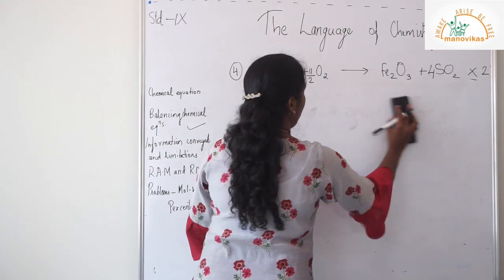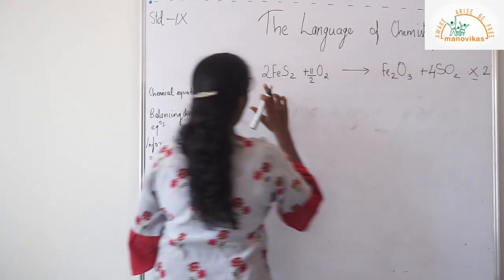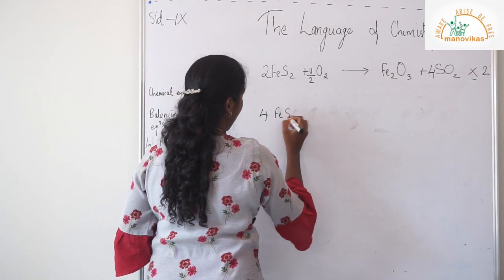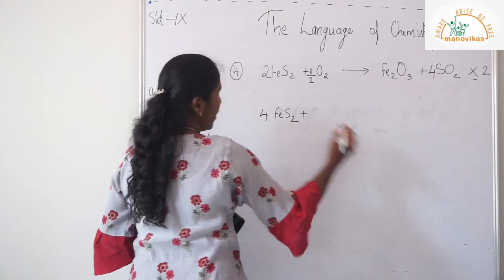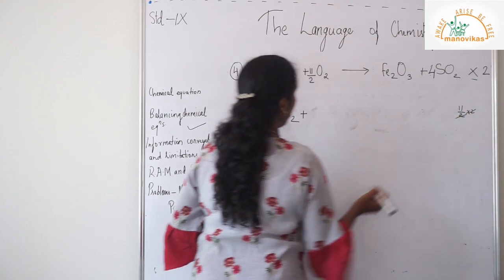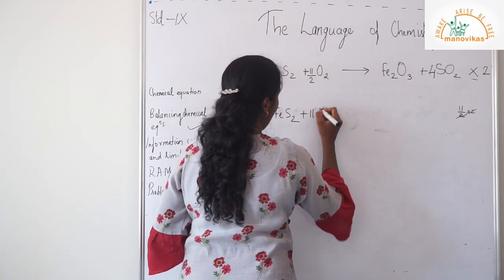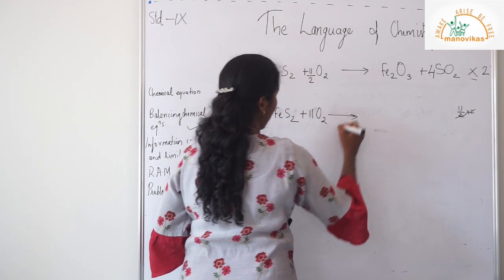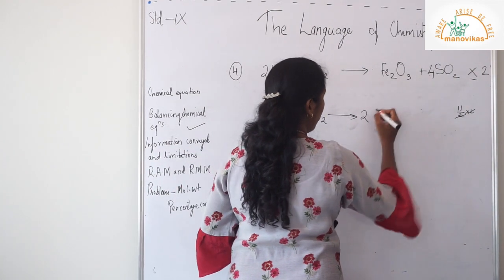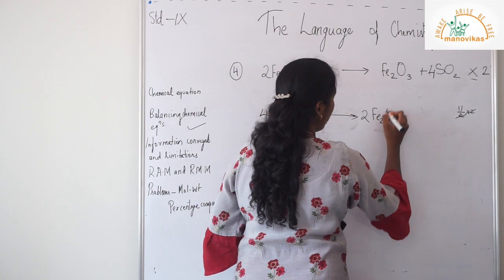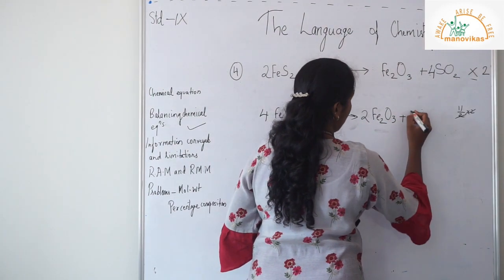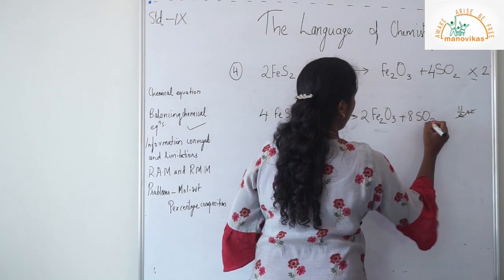So this will become 2 into 2, 2 twos are 4 FeS2 plus here 11 by 2 into 2, 2 will get cancelled, so it will remain 11 O2 gives 2 into Fe2O3 will be 2 Fe2O3 plus 4 into 2 is 8 SO2.